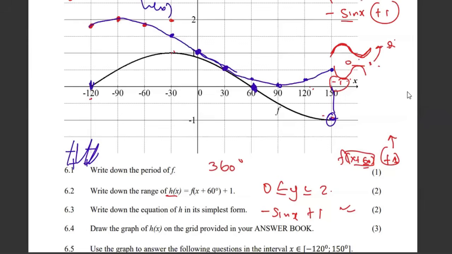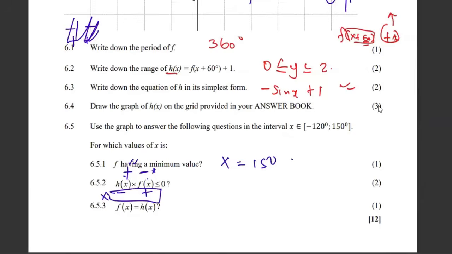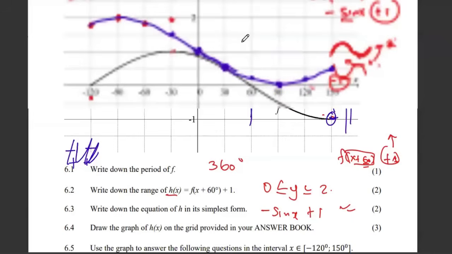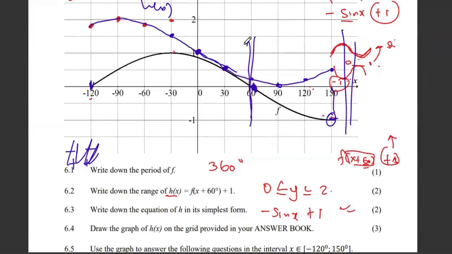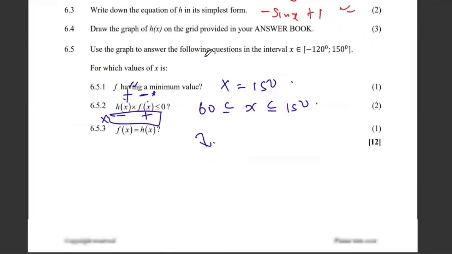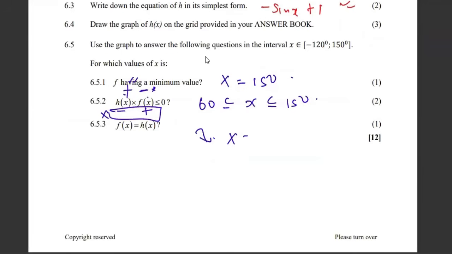So between 60 and the 150, one is below, one is above. So it's going to be 60 less or equal to x less or equal to 150. And then where do we find h to be equal to f? It's just at one point, which is the 30. So they're telling us that x should be 30.